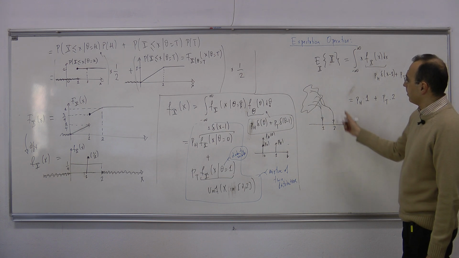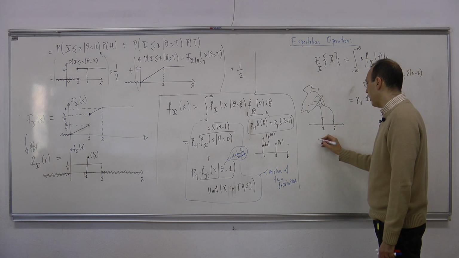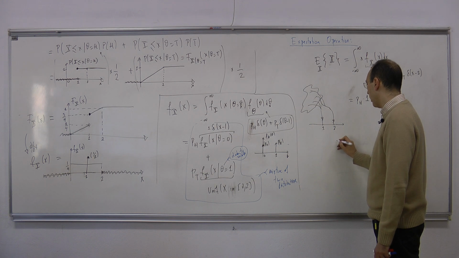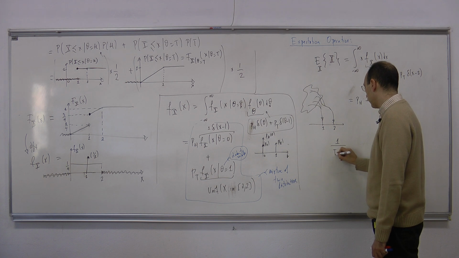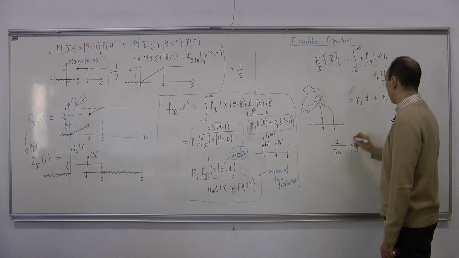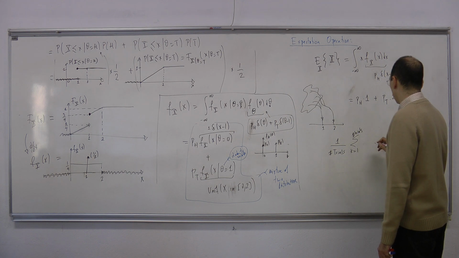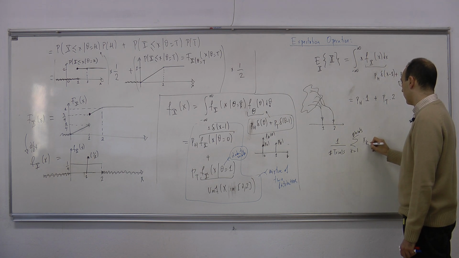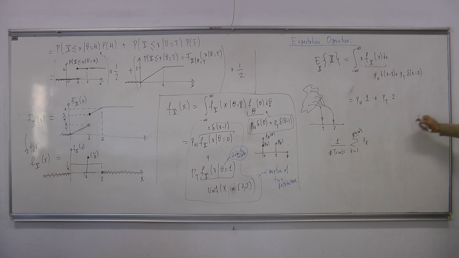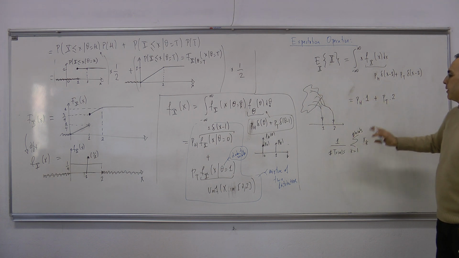Now, if I do this random experiment in an independent manner many times, what happens? Let's say that I do this mapping independently, let's say 100 times.